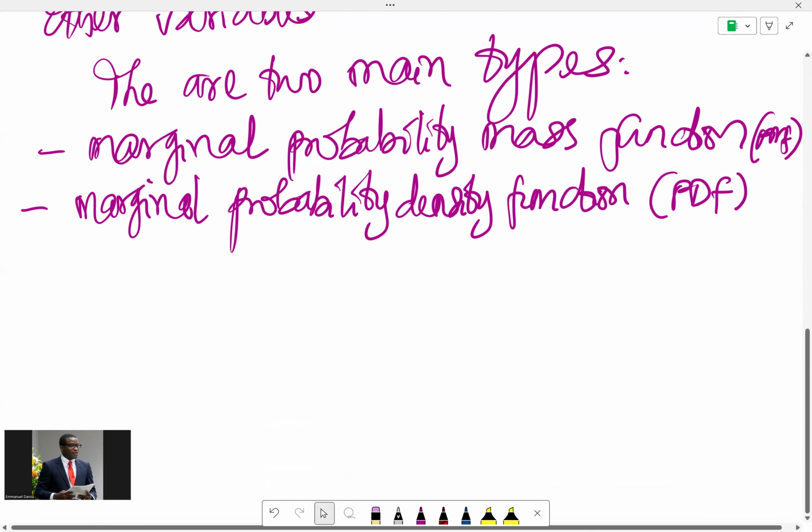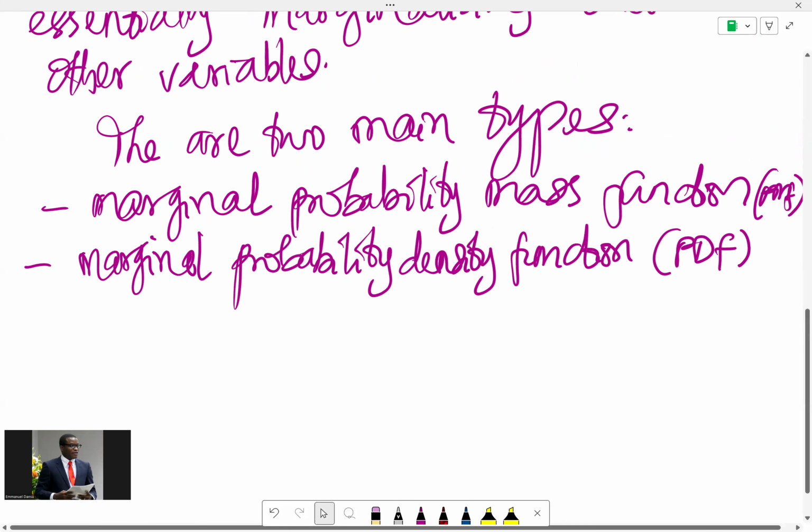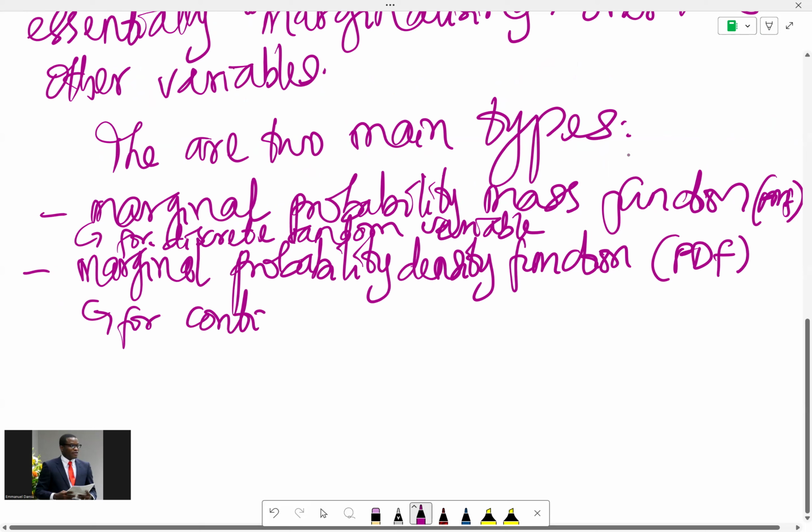The marginal probability mass function is for discrete random variables, while the marginal probability density function is for continuous random variables.